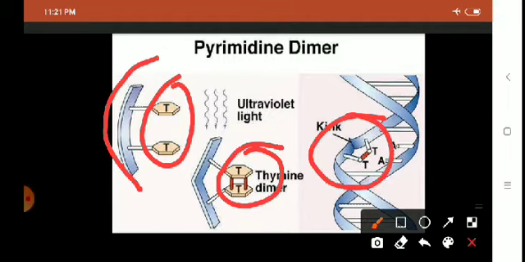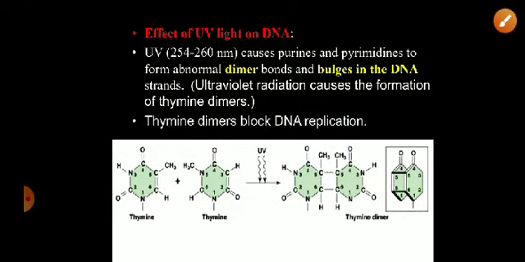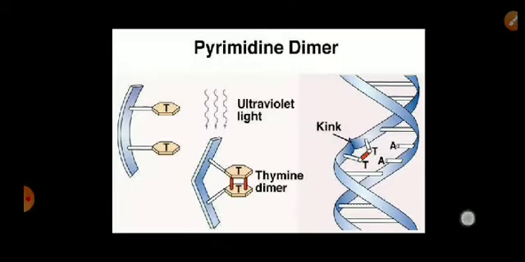It forms a kink and thus damages the DNA. If this thymine dimer damage is repaired, then no problem. But if it is not repaired, it will lead to mutation.